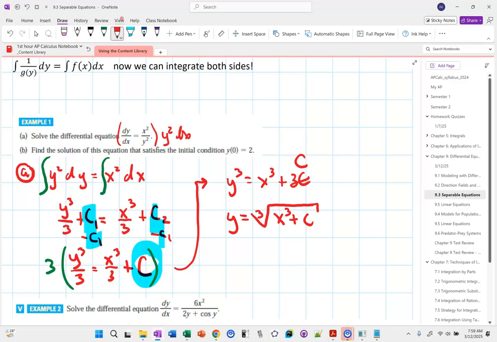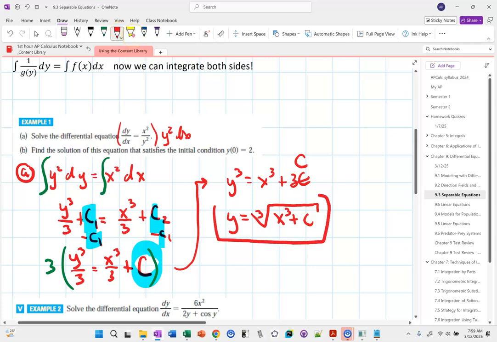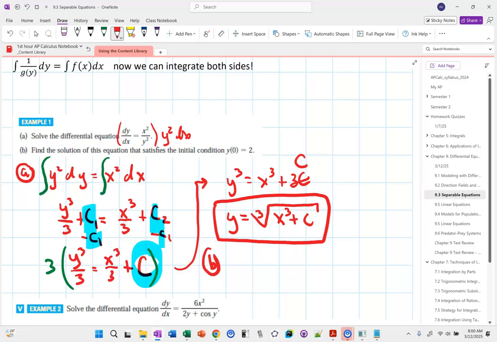Okay. So what I'm going to do now is I'm going to handle part B. So B says find the solution of the equation that satisfies the initial condition y of 0 equals 2. So what this is going to allow me to do is solve for c.